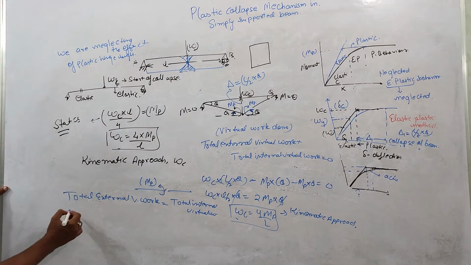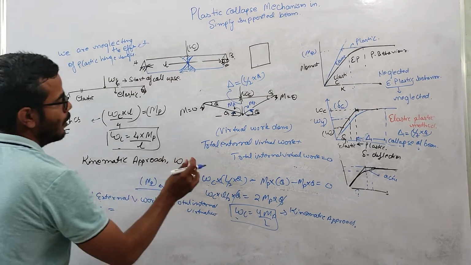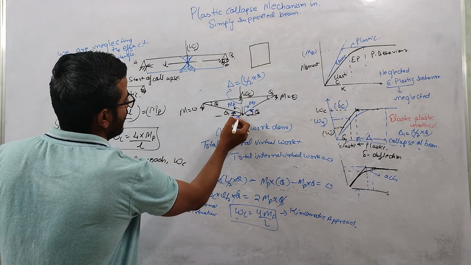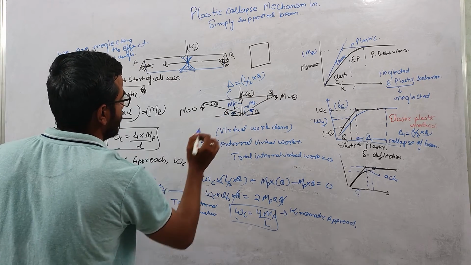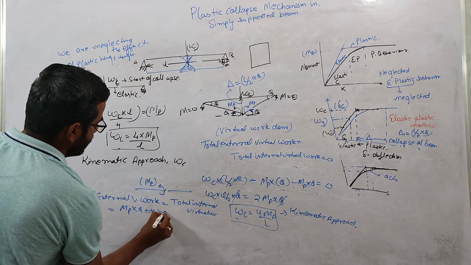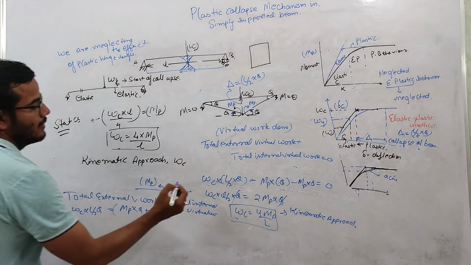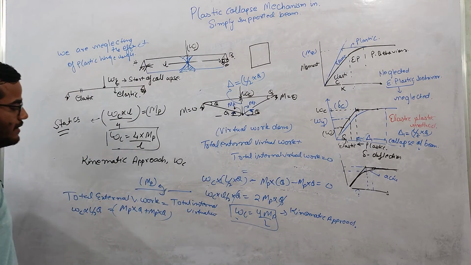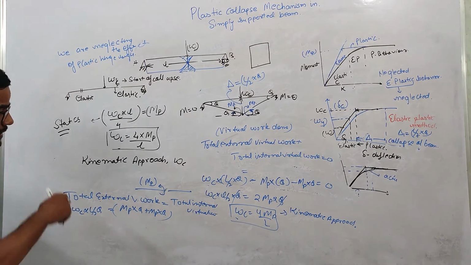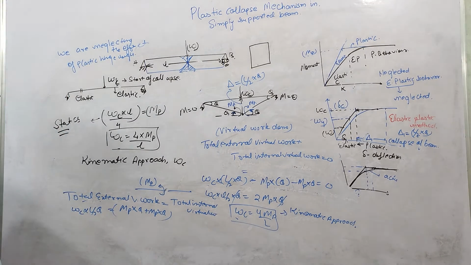So the external work is nothing but WC into L by 2 into theta, and this is equal to the internal work absorbed by these hinges, which is MP into theta plus MP into theta. Both are the same thing. So what they did here is they simply equated the external work and the internal work.